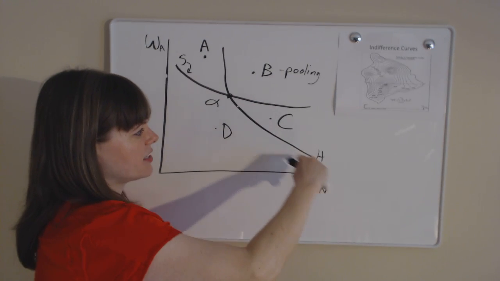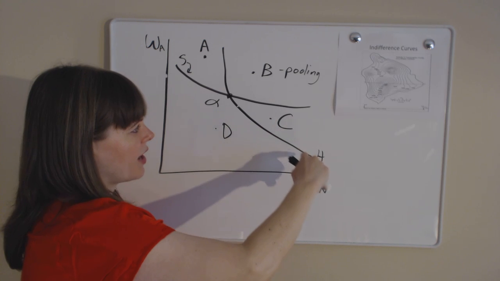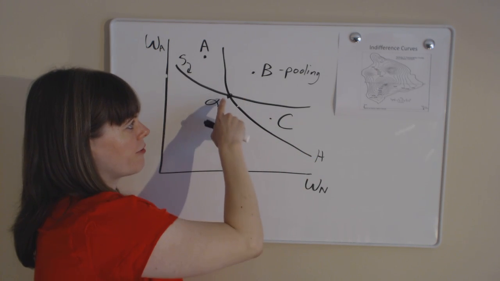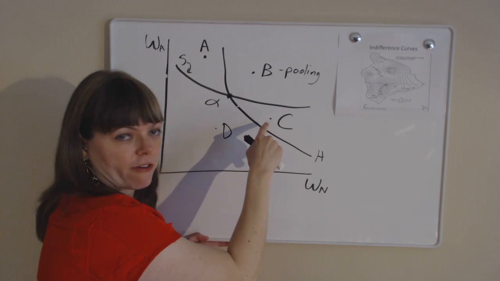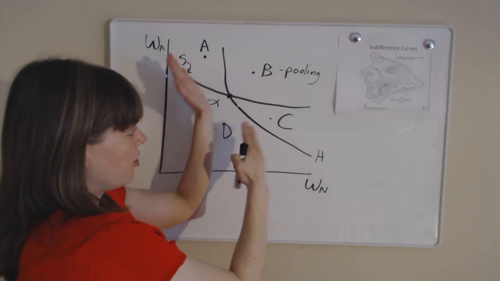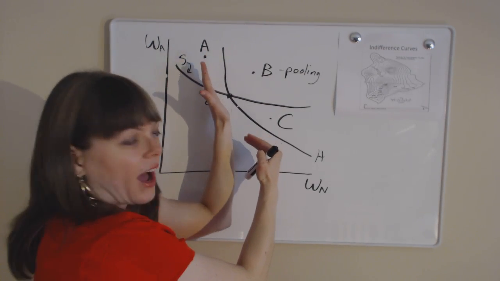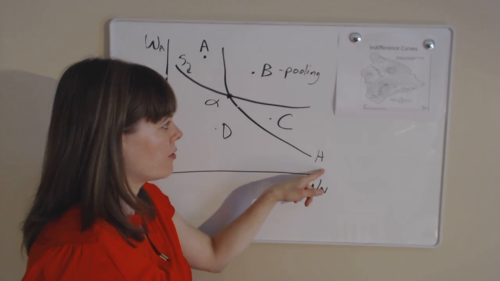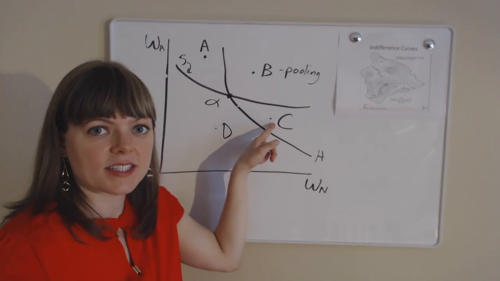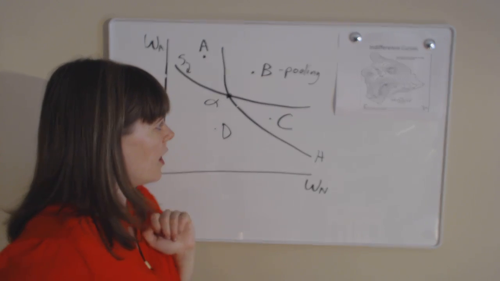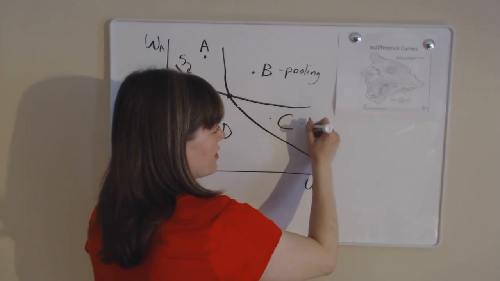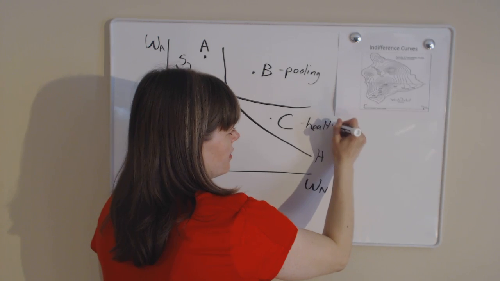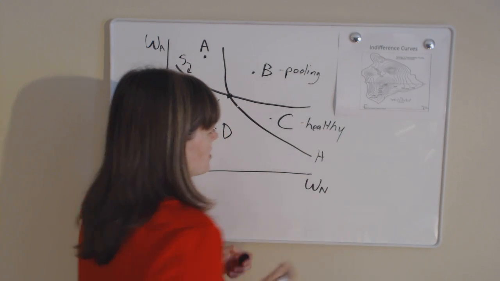We're looking at this indifference curve here, and we want to ask ourselves, do these healthy people prefer alpha or do they prefer C? We notice that C is on a higher indifference curve, so it's farther up utility mountain for the healthy people. So the healthy people are going to be attracted to this. Maybe we'll even write that down. Definitely the healthy are going to be attracted to this.